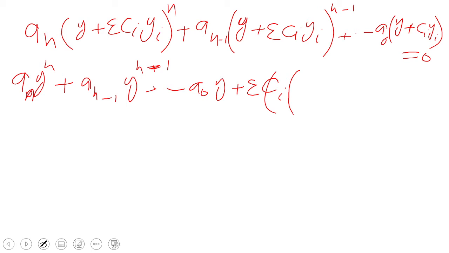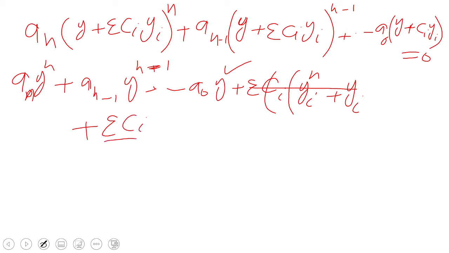It is a derivative, so you can take ci common because it's not a power, it only hits the yi everywhere. So let me write this again. Plus up to this term epsilon ci.